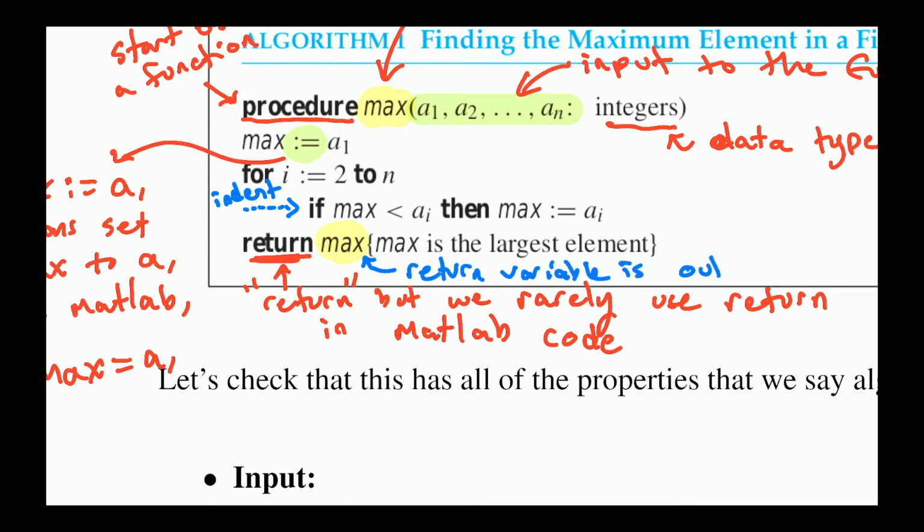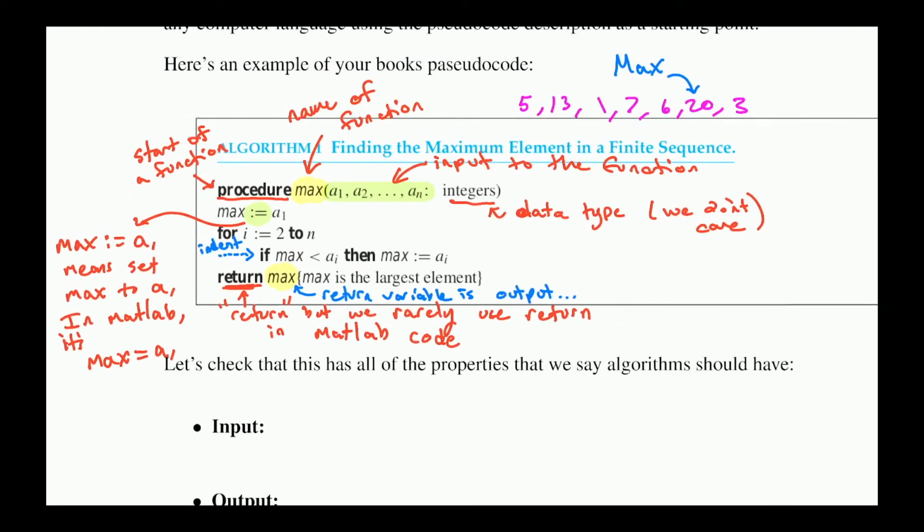So the return variable is the output. Okay, so I drew all over that. Now it's hard to read, but there's another copy that's clean of this PDF that you can look at if you can't read what I'm writing here.